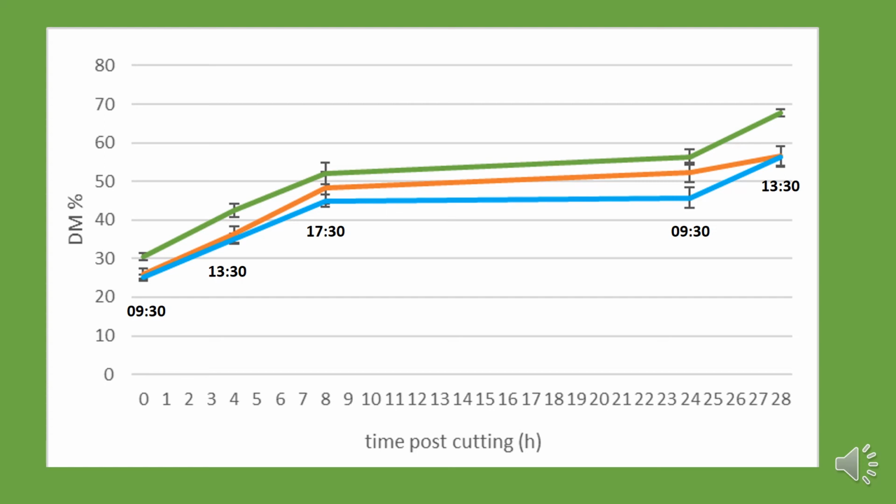So, for example, although you're not getting any benefit of loss of dry matter, you're losing nutrients during that time. So this is an example of a crop that you would be able to pick up actually quite soon after cutting and not leave it out overnight. So that's why it's important to not have a target time for wilting, but have a target dry matter, and try and stick to that.